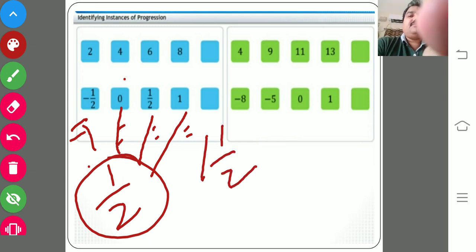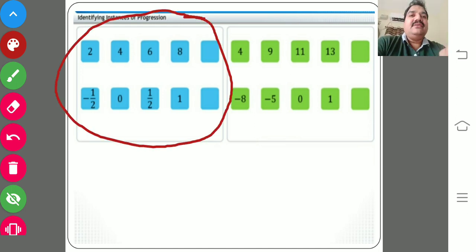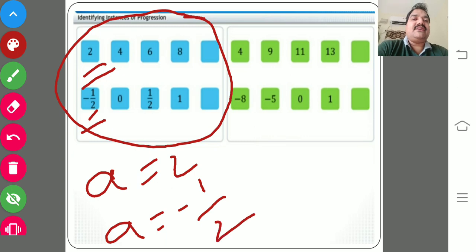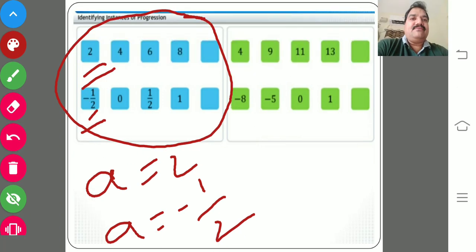So, what did you observe in this case? You can easily find the first term. The first term is called A. In the first problem, A is 2. In the second problem, A is minus 1 by 2. Clear, children?